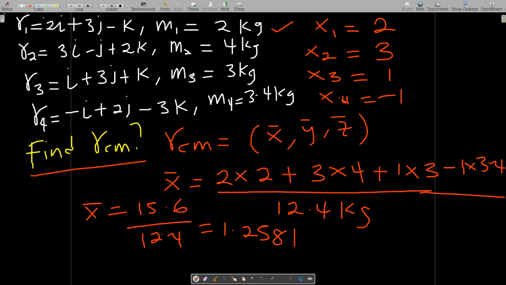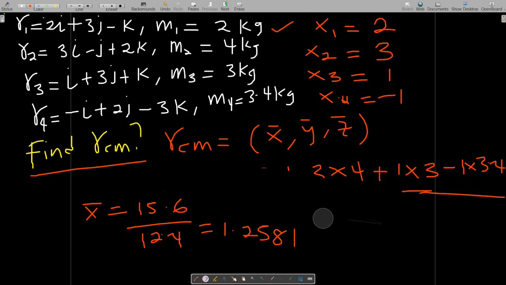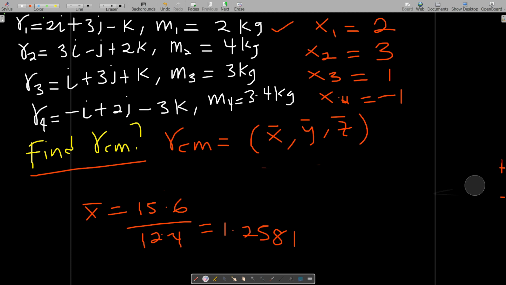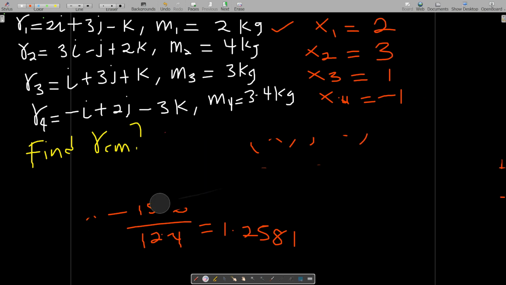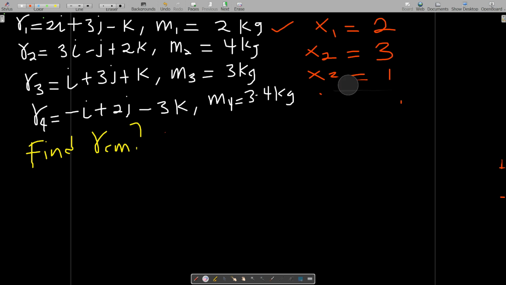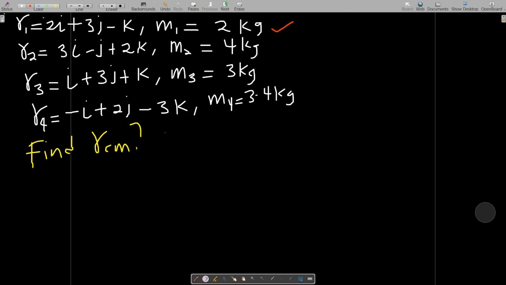So x bar is 1.2581 in 4 dp, or x bar is equal to 1.258 in 3 dp. This is how you write it.